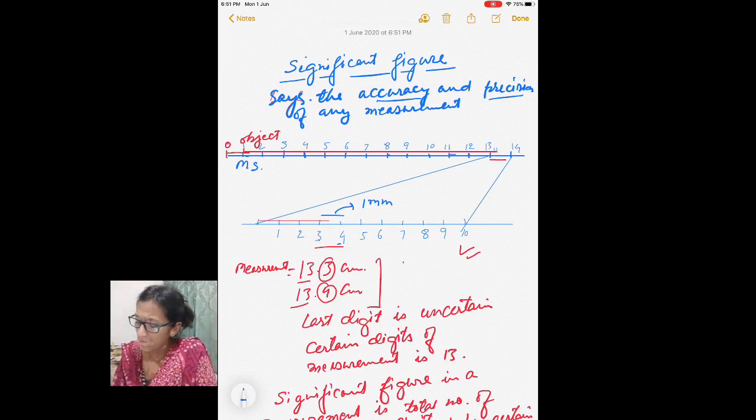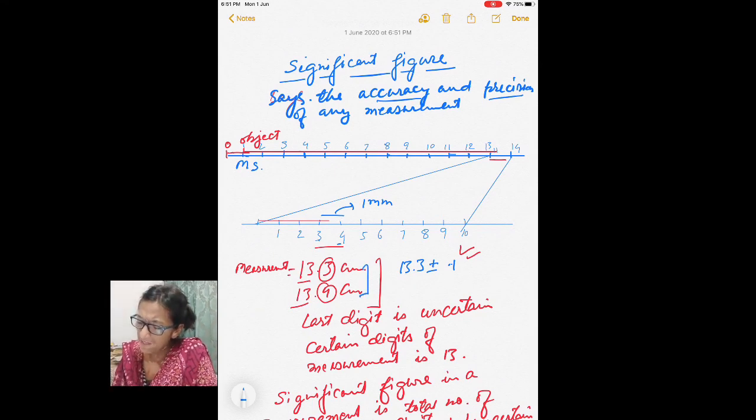So the result should be written in this way, plus minus 0.1, means it can be either 13.4 or, if you subtract 0.1 from that, you can get 13.3.